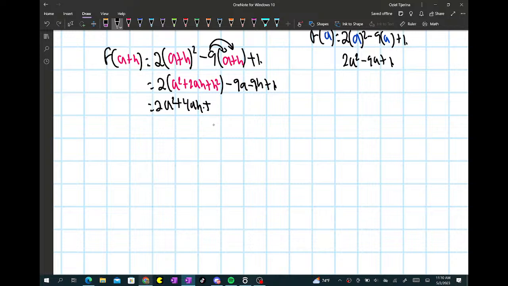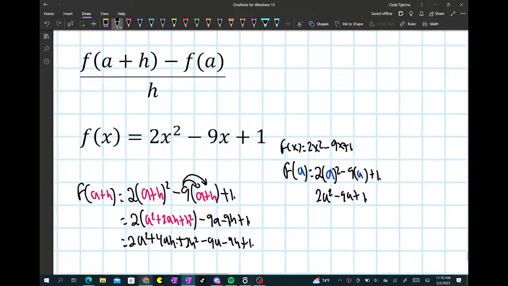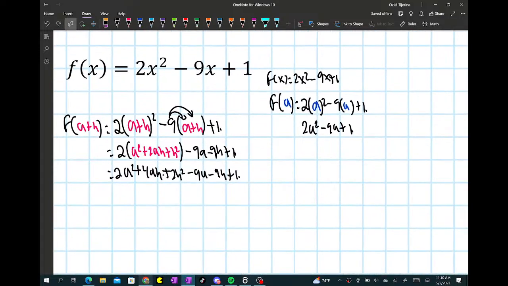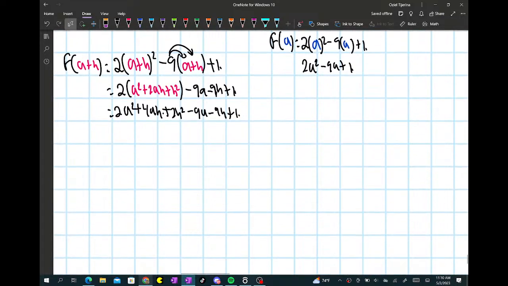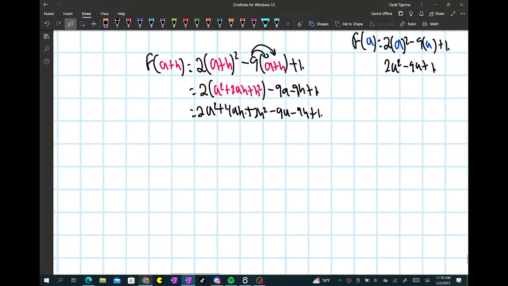It's gonna go 2a squared plus 4ah plus 2h squared minus 9a minus 9h plus 1. And then obviously, so that's what that is, right? Equals, so this is gonna be what would it be here?